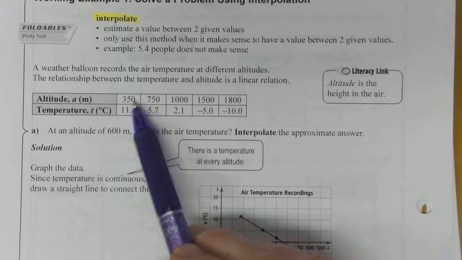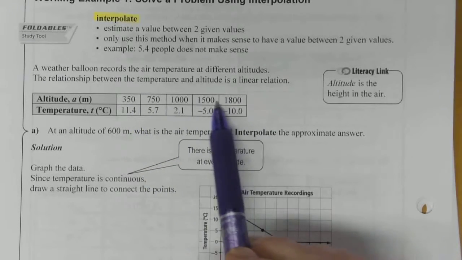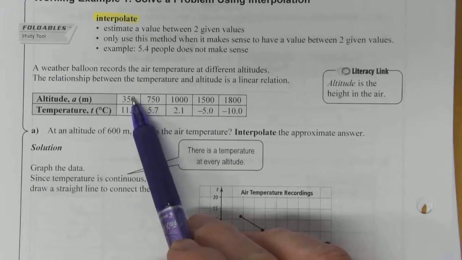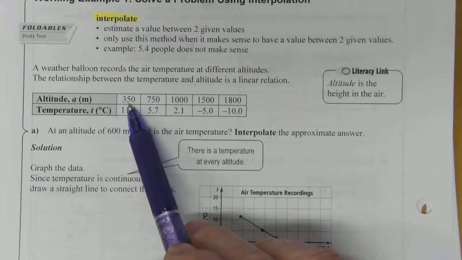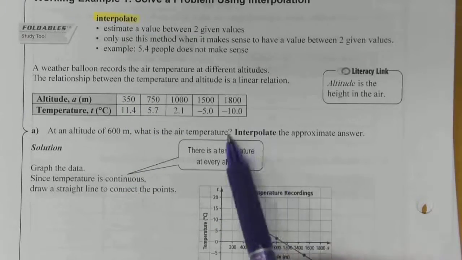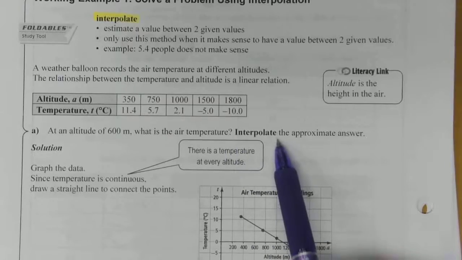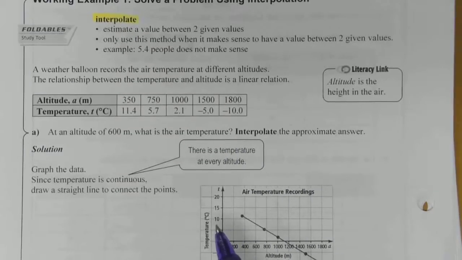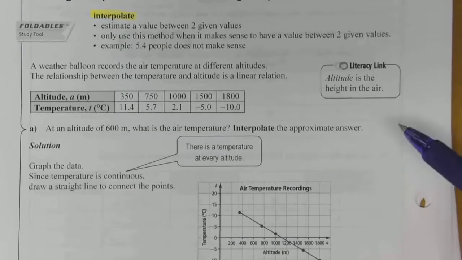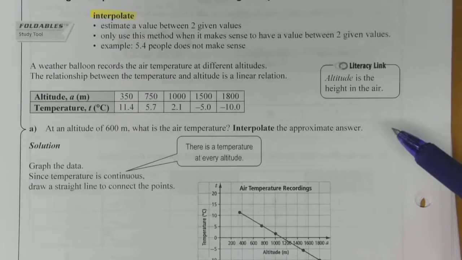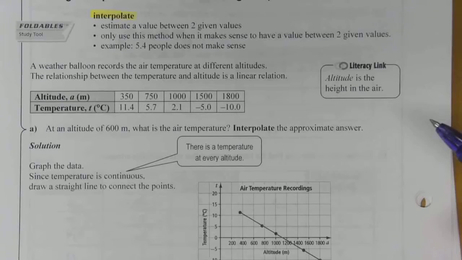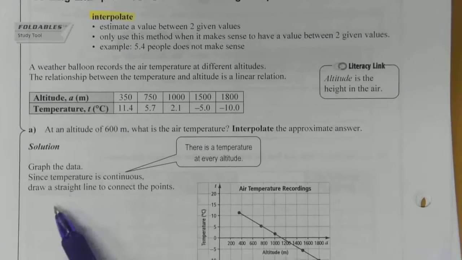If we look at the chart, 600 is not given on here, but because we have a linear relationship, we can interpolate the approximate answer. Graphing comes in very handy with linear relations, because data is a straight line if it's linear.